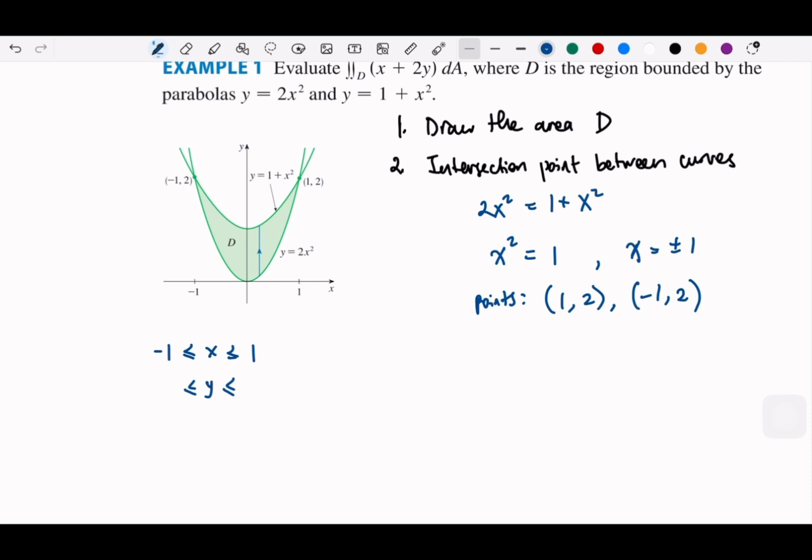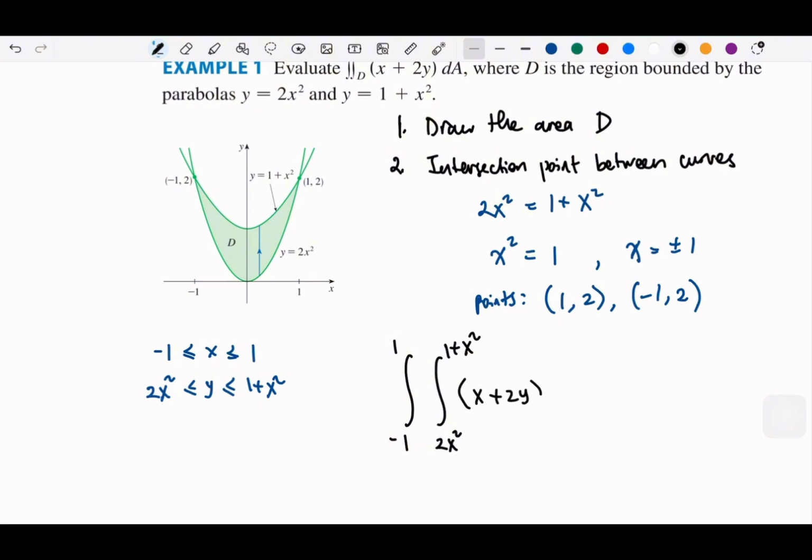This will be the same principles. So the top is 1 plus x squared, and the bottom is 2x squared. We take those as the endpoints of integration. So we write this for x, and write 2x squared and then 1 plus x squared, and then the inside integral. This will be dy dx.